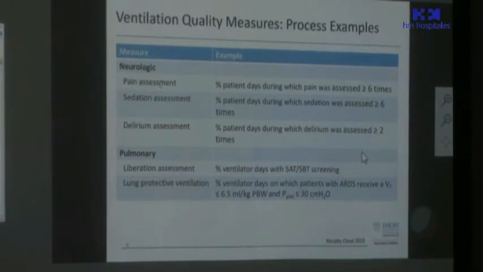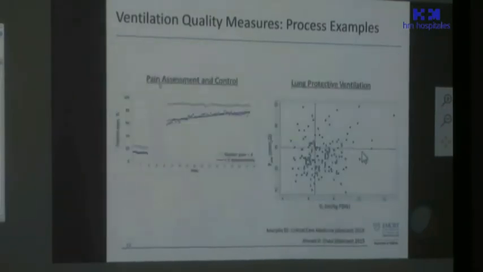Examples of this: on the left we see a composite chart over time, where we see in blue the number of patient days where we've had 6 or more assessments.